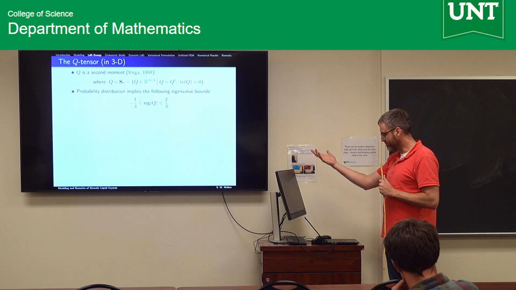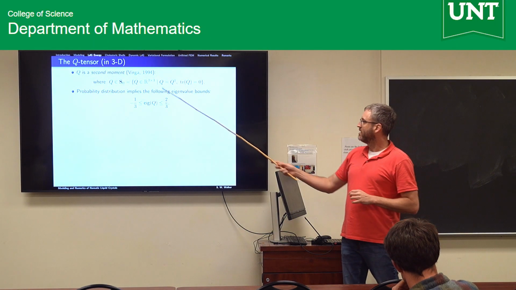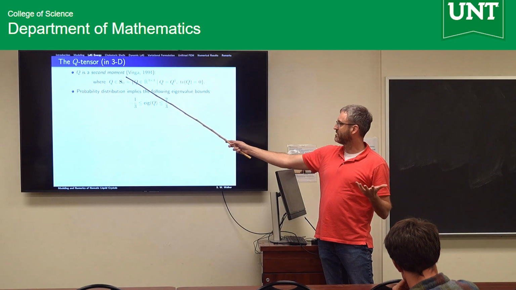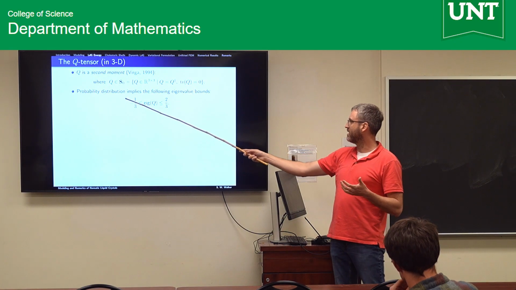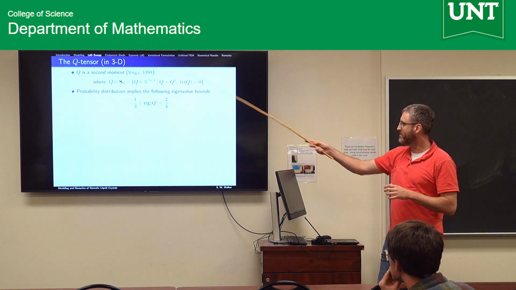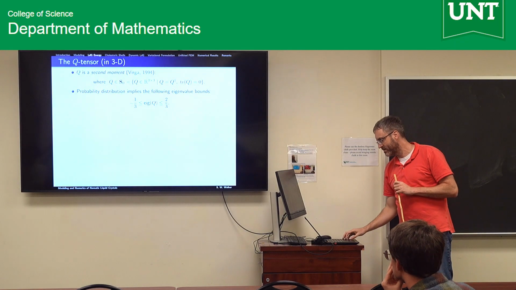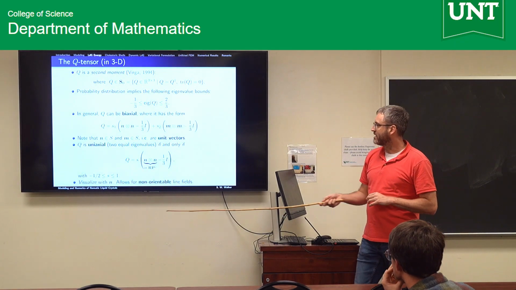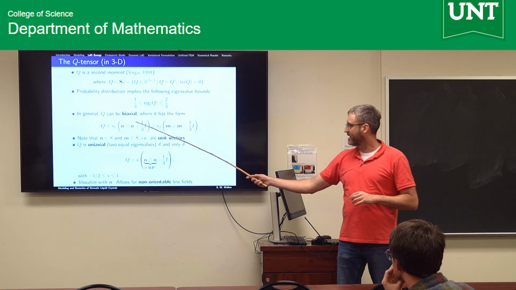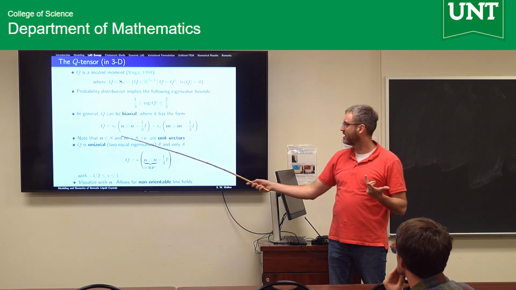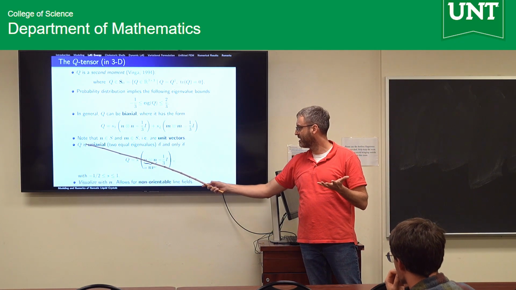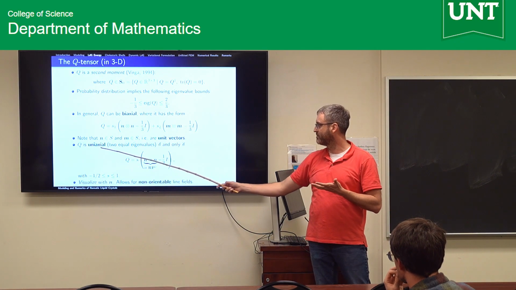All right, so we have this Q tensor. This is a space of symmetric traceless tensors. Because it's coming from a probability distribution, its eigenvalues have some bounds. In general, it has a biaxial form. However, most of the time, for various reasons, it will be uniaxial.